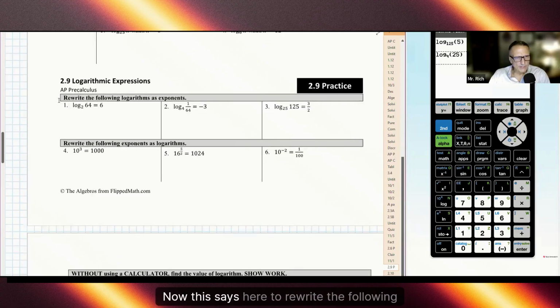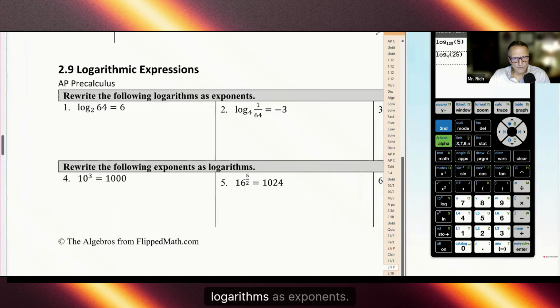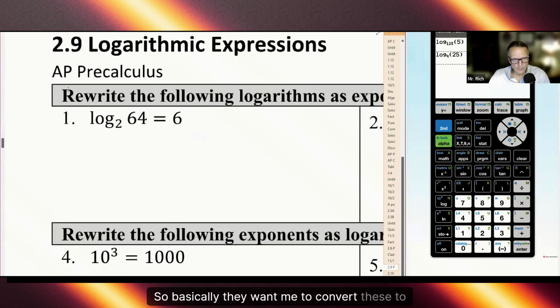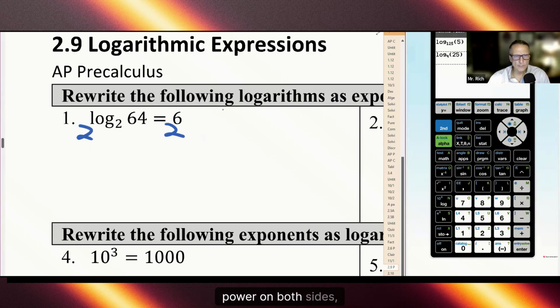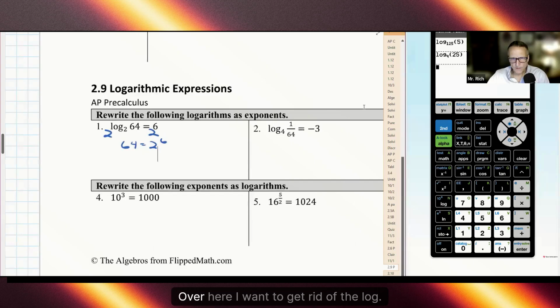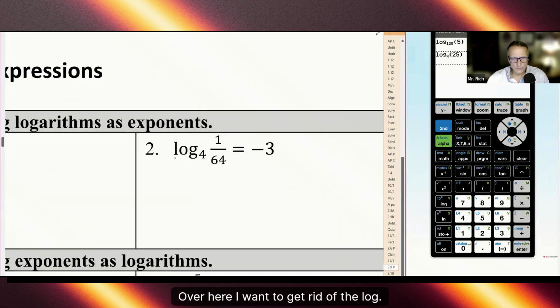Now, this says to rewrite the following logarithms as exponents. So basically, they want me to convert these to exponential form. I'm going to think about this as raising 2 power on both sides, exponentiating with a 2. So this becomes 64 equals 2 to the 6th power. Over here, I want to get rid of the log, so I'm going to exponentiate with a 4.